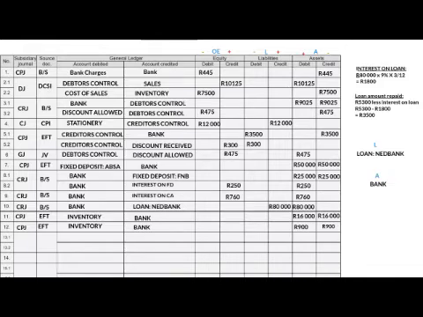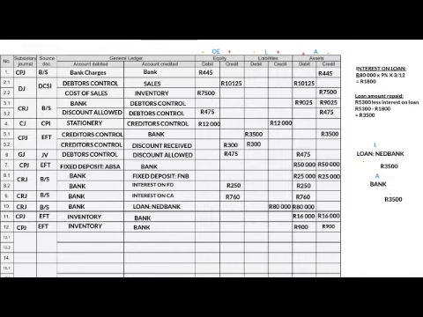Since we are taking money out of our bank account to pay for the loan, our bank will decrease and our liability will also decrease because we are settling a part of our loan, so our loan is going down. And the amount is 3,500 Rand. So let's quickly put this above transaction onto our worksheet.